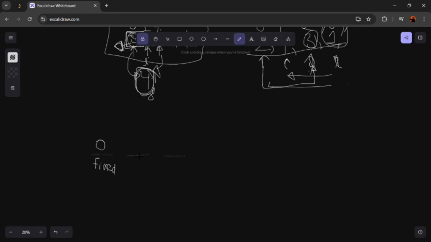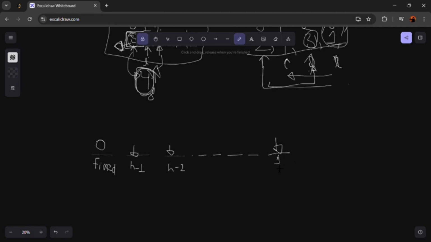So if this is fixed, and if we fix this also, then the remaining computers are n minus 1. If we also fix this, then the remaining computers are n minus 2, n minus 2, dot dot dot, until here this is 1.